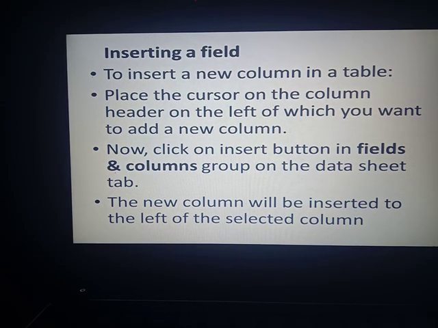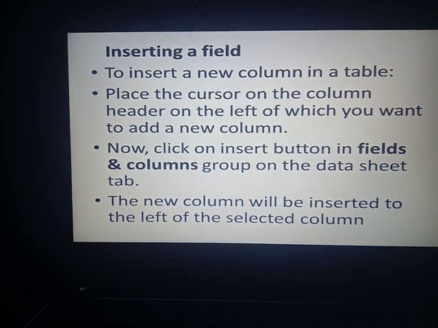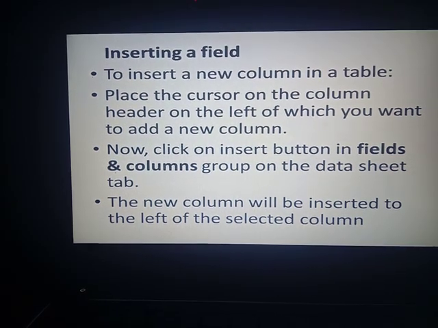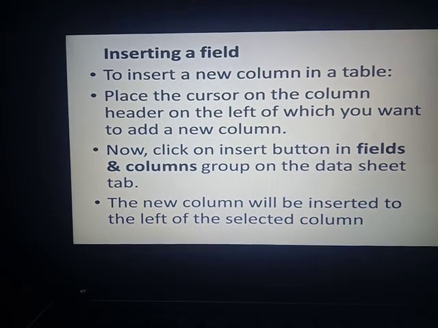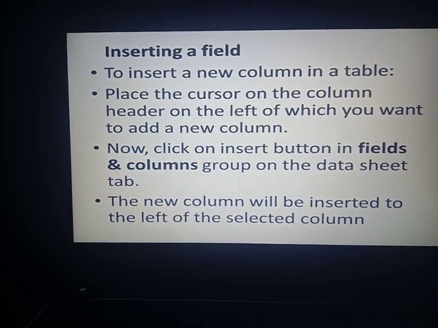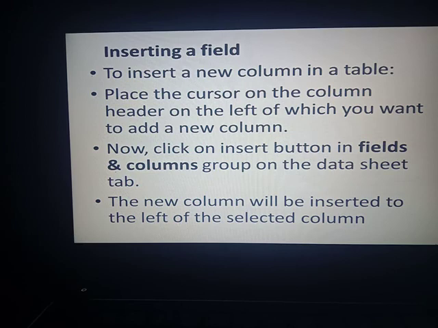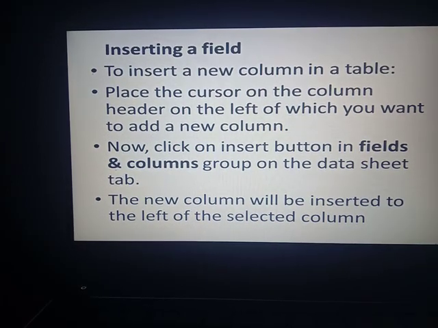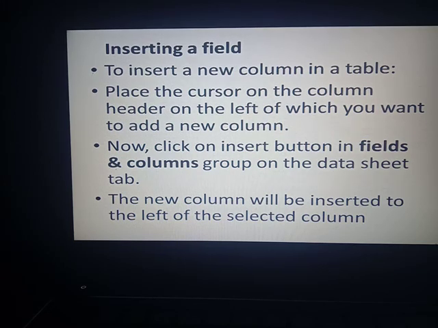Whenever you click the Insert button, the new column will be inserted to the left of your selected column. You can insert as many columns as you want in MS Access.